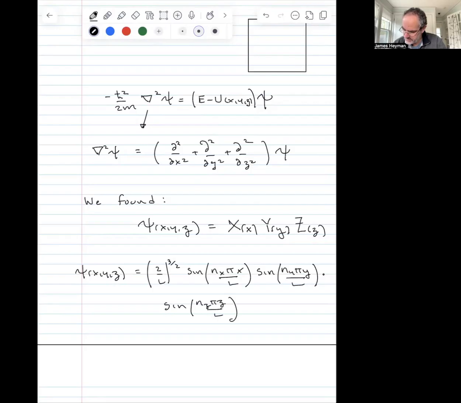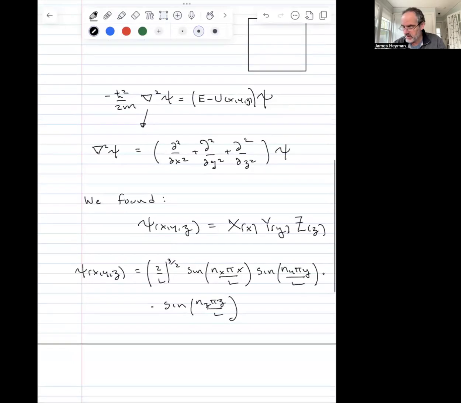Okay? There we are. There's a normalization constant times sine nx pi x over L times sine ny pi y over L times sine nz pi z over L, where nx, ny, and nz are the quantum numbers for this system, and they each take on integer values.